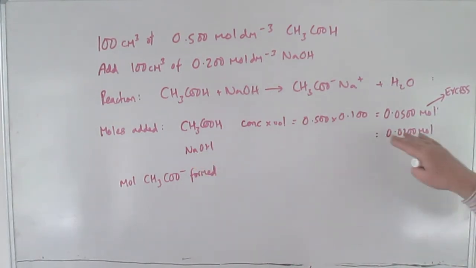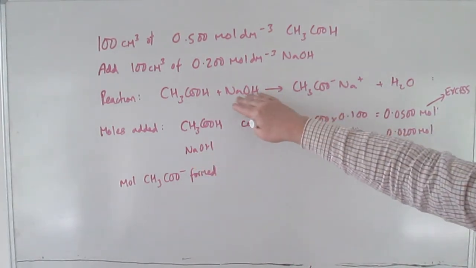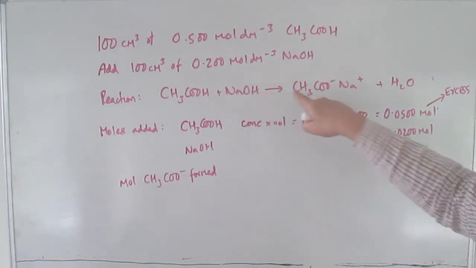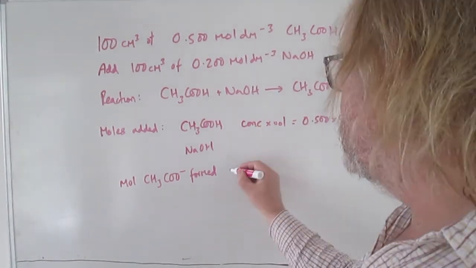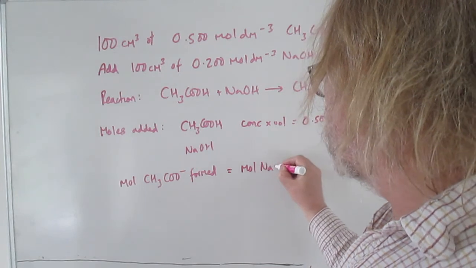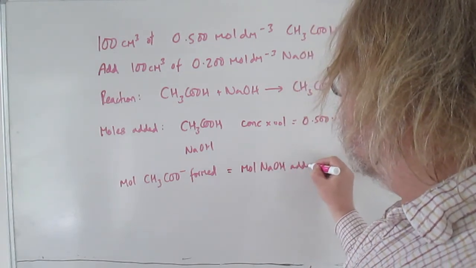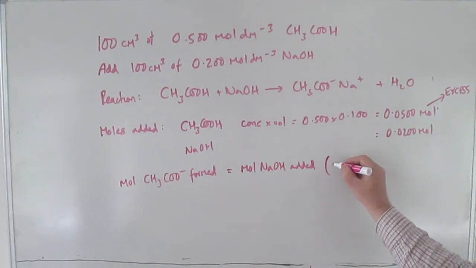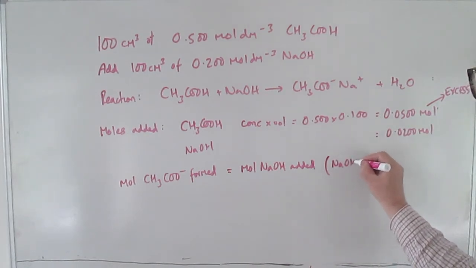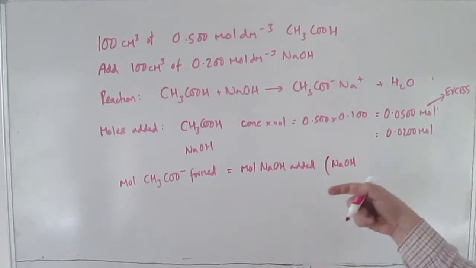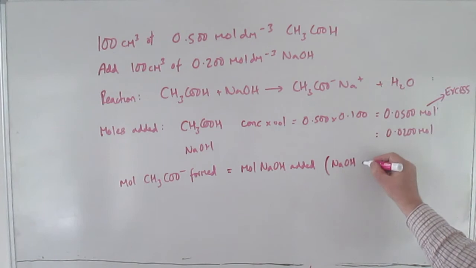So if all 0.02 moles of the sodium hydroxide react, we're going to get 0.02 moles of ethanoate formed, because one of those gives you one of those. So we can write that down. Moles of ethanoate formed is equal to the moles of sodium hydroxide added. And you've got to constantly remind yourself that you can only do that because this was the one not in excess, so all of it reacts. So I'll just put that in brackets to remind you that this is the strategy you have to use, which is to focus on the thing which isn't in excess.